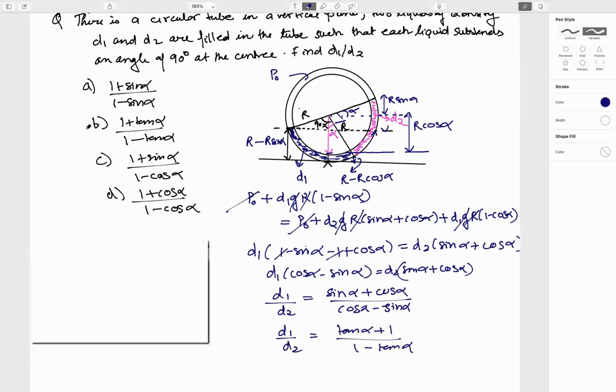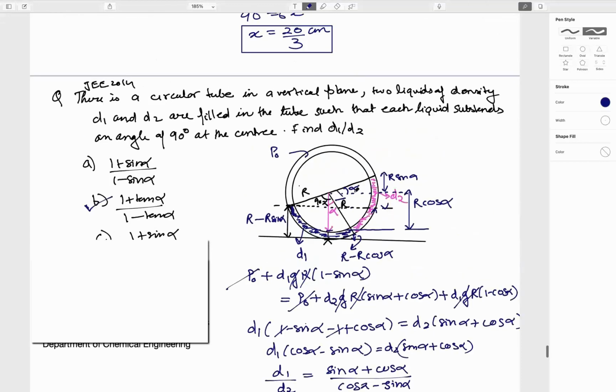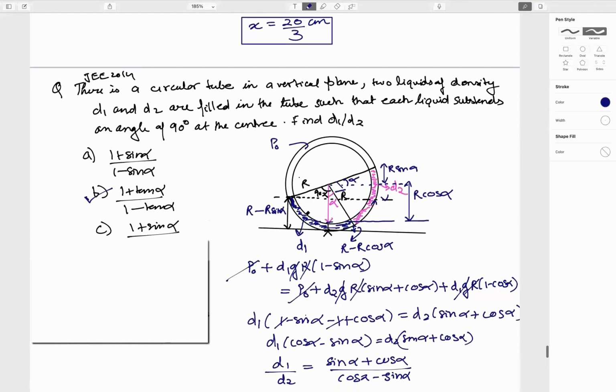Correct option. So for your understanding, I'm repeating what we did. Because we know that pressure is independent of shape, we need to find out this height to balance out there and here. From here, we need to find out the pressure here.